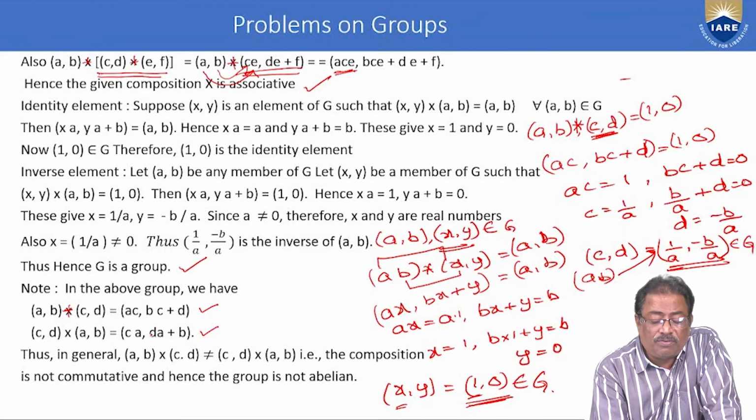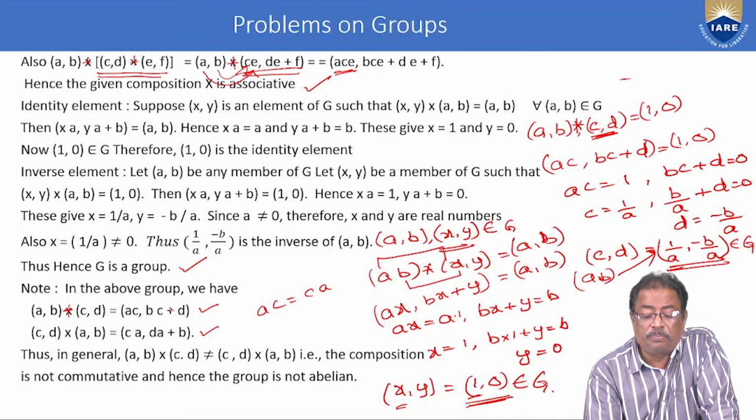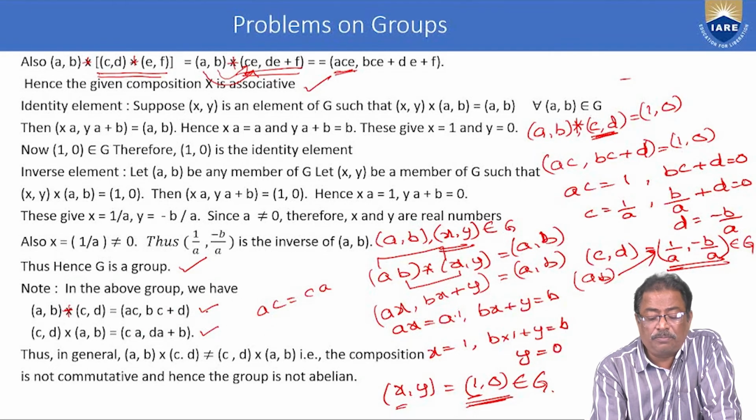Whenever AC is equal to CA, the first elements are equal, and the second elements must also be the same.